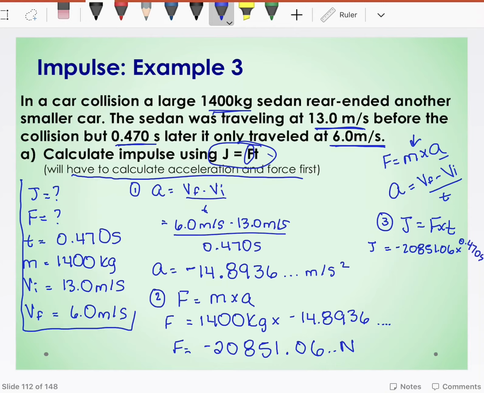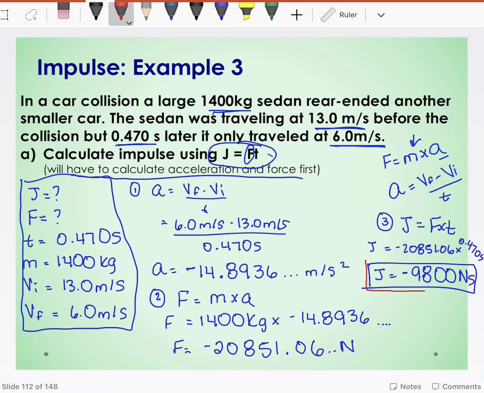Again, using all of the information that the problem gave me. Final answer, impulse equals negative 9,800 Newton seconds. And it actually works out exactly.